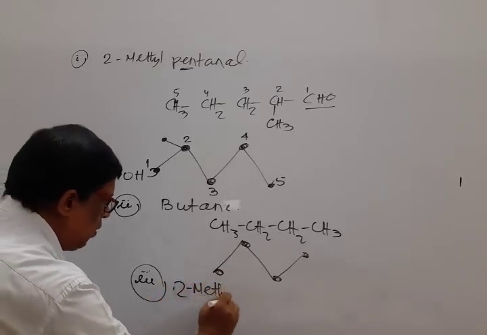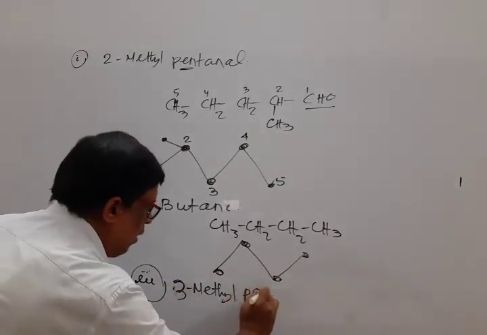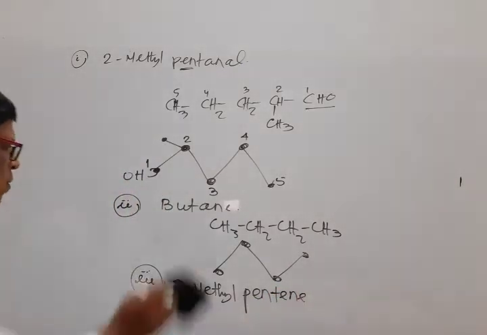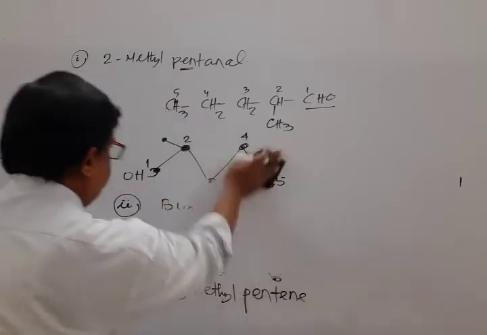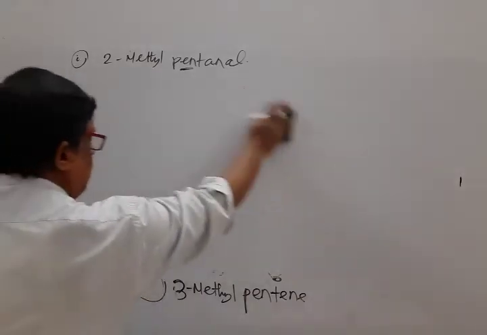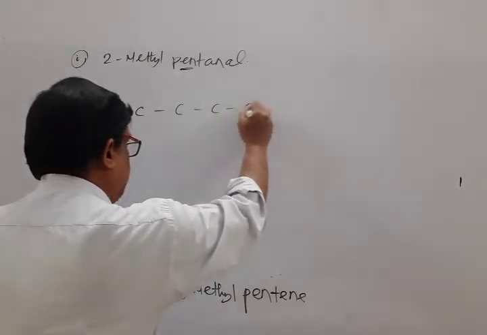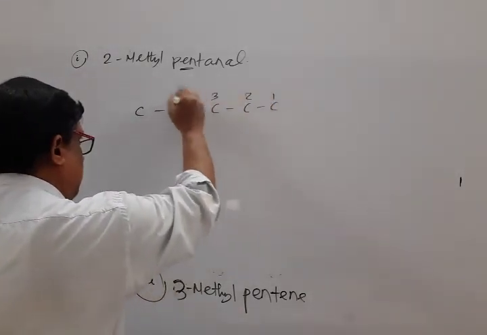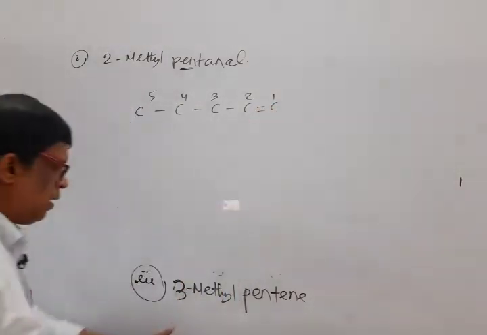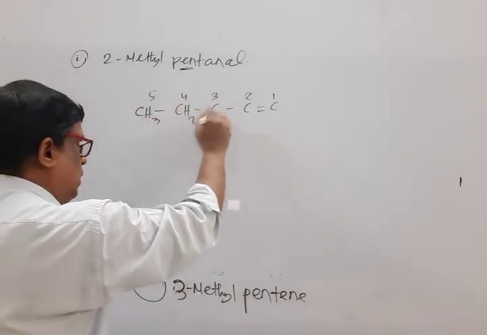Another example, 3-methyl pentene. Mark that, 3-methyl pentene. So from this name it is clear that pent is there. Mark that if we write the formula 1, 2, 3, 4, 5, then pent means 5, ENE means 1 double bond is there, then 3 position 1 methyl is there, then satisfy tetra covalency.